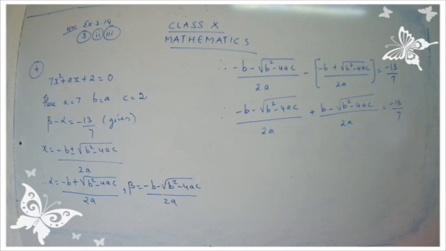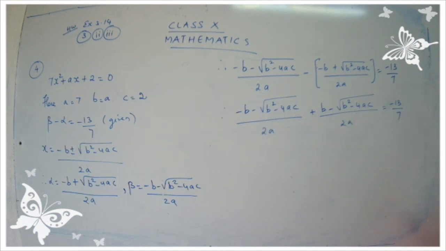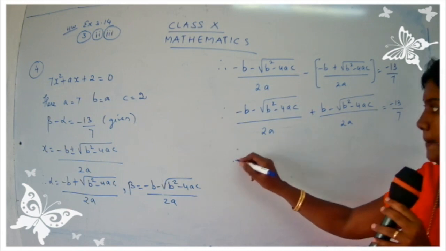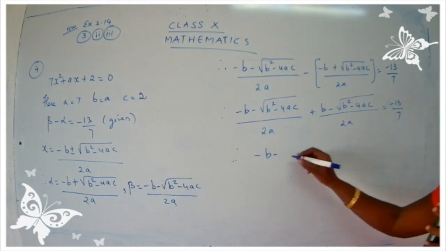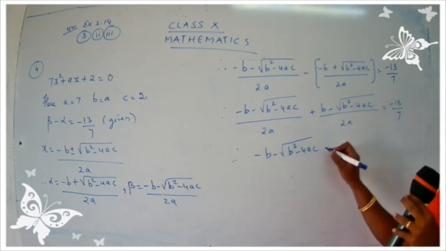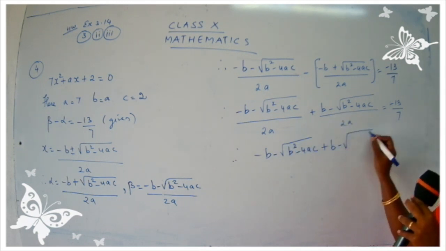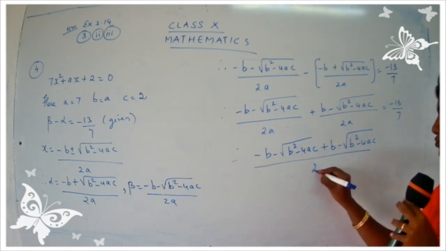Now let's try to write down the numerator and the denominator together because we are having a common denominator. Here I have 2a, here also I have 2a. So this is equal to minus b minus square root of b square minus 4ac plus b minus square root of b square minus 4ac upon 2a.